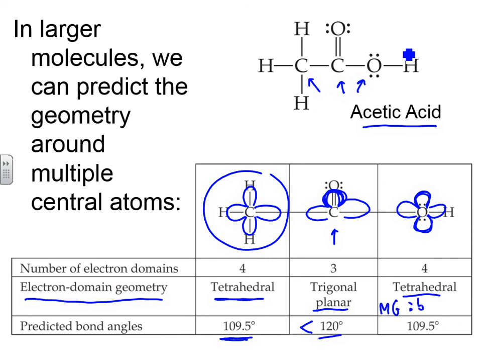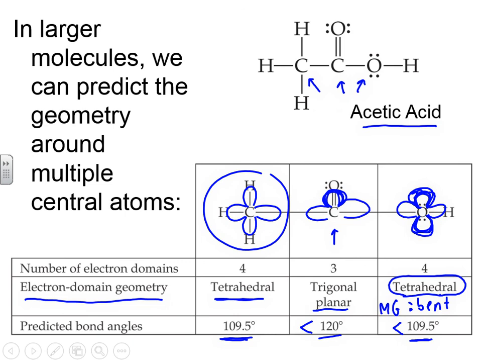However, the bond angle is 109.5 because tetrahedral is the electron domain geometry that influences the bond angle. Hopefully that makes sense. And in fact, it will be less than 109.5 because these non-bonding pairs extend out a little bit, creating more repulsion. So you can actually look at big molecules like this and predict the different geometries and the different bond angles.